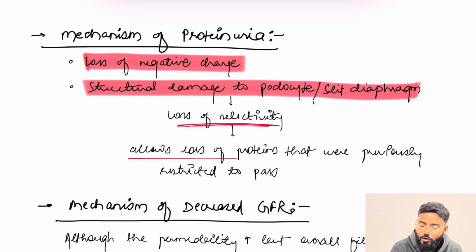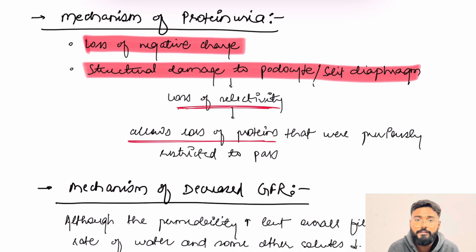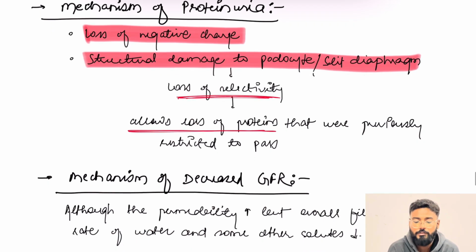This allows loss of protein that was previously restricted from passing through this filtration slit because of the damage, and due to any kind of inflammation or any physical damage to any of these structures, for any reason, there is loss of negative charge and structural damage to podocytes, which is going to cause proteins to leak out from these structures.